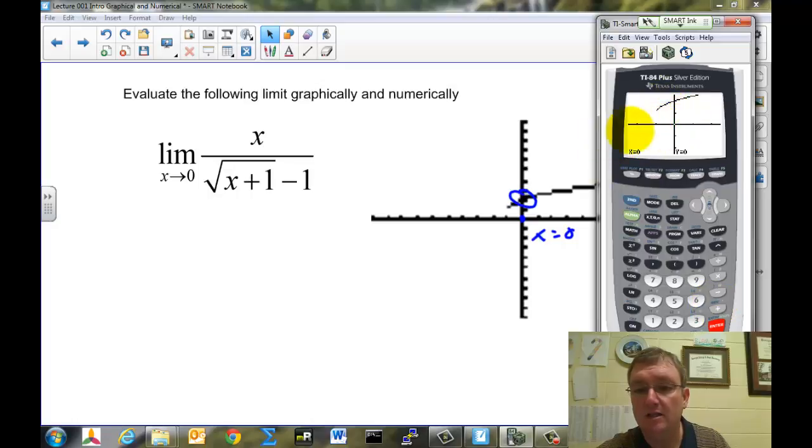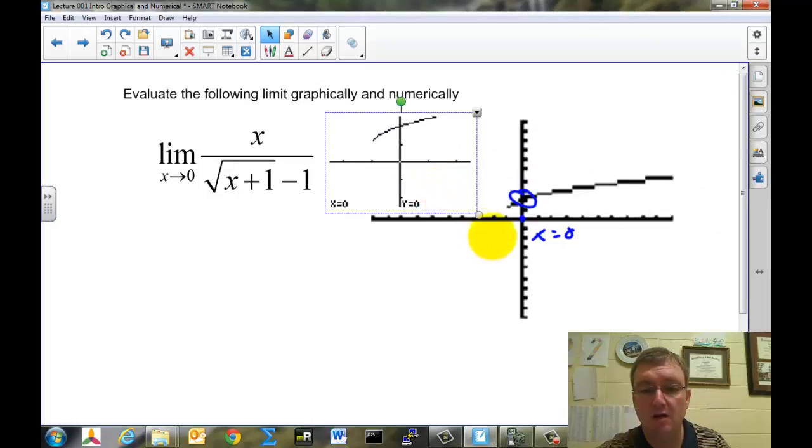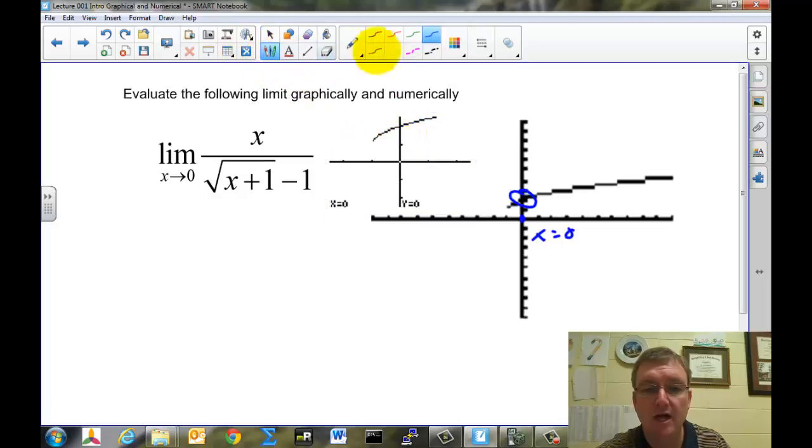So if we take this picture, which is just a blown up version of this, and look right around x equals 0, right in this particular area, it would appear that x is moving in this direction. Looks like we might be getting close to the number 2.